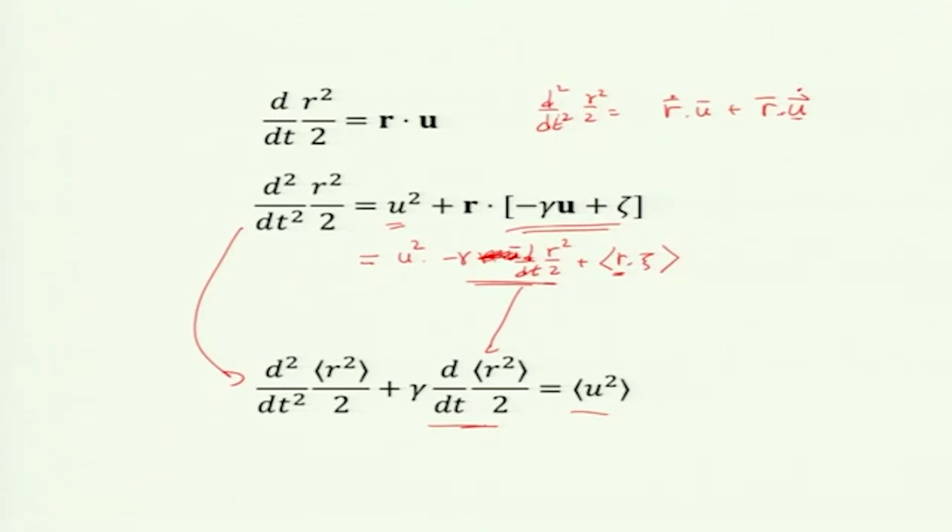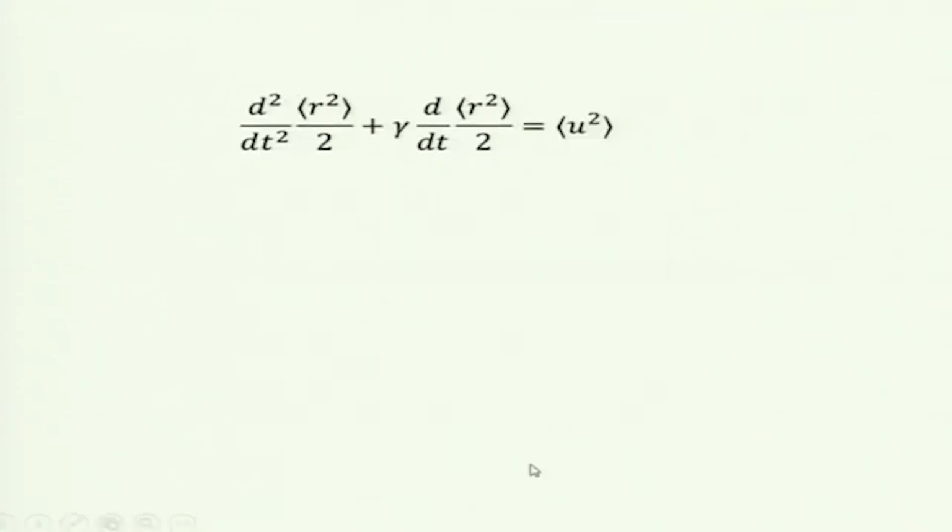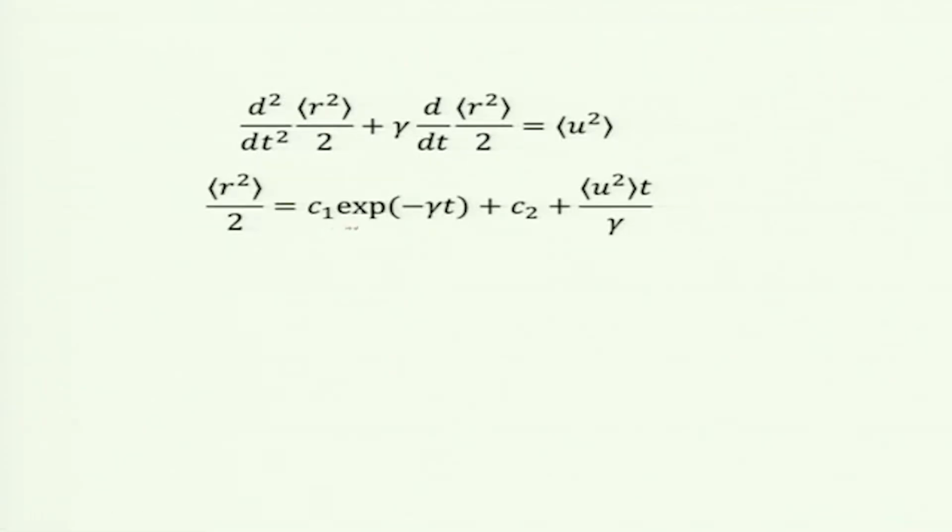It is a second order equation, but it is easily solvable, it is linear in r squared. So, what is the solution? Homogeneous part and a particular part, and the homogeneous part will be constant plus exponential minus gamma t. So, there are two homogeneous solutions, second order. So, that is what I write here. So, this is the exponential part, and so you try e to the power m t and find m, and one m will be 0, the other one will be minus gamma.